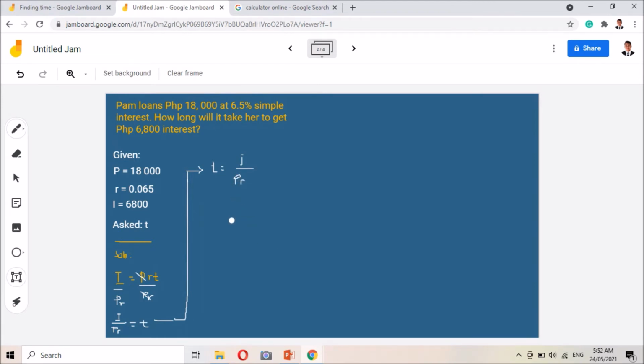Alright. So then plug in what is given based on the formula derived from the original formula I equals PRT.